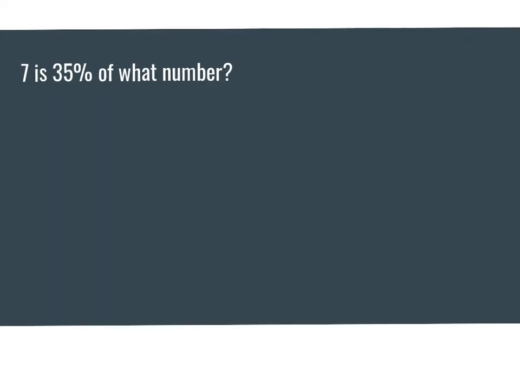Okay, here we go. The last practice of our little lesson. We have 7 is 35% of what number? Let's remind ourselves of our formula we're going to use, which is part over the whole equals percent over 100. And let's start plugging in our formula.